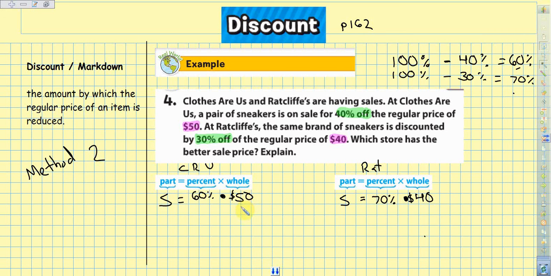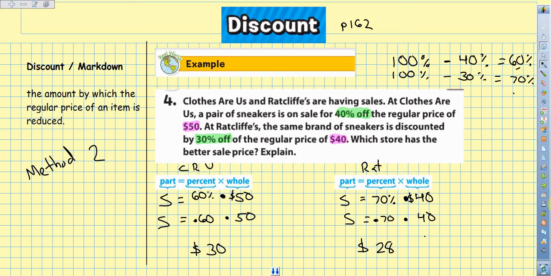So we go ahead, we just do our multiplication. Percent of a number, percent, and you can lose the zero if you want to, of a number. And we go ahead and we find that Clothes R Us, they're selling those shoes for $30 when I do the multiplication. And at Ratcliffe's, they're selling those shoes for $28.